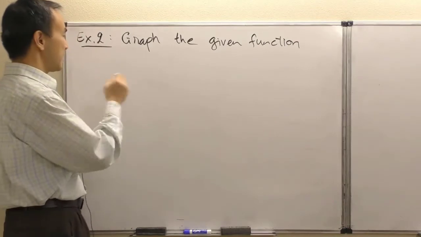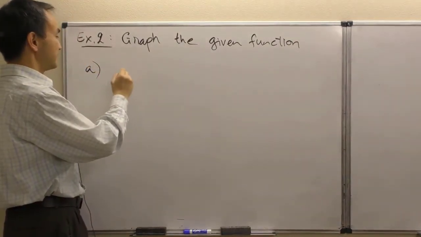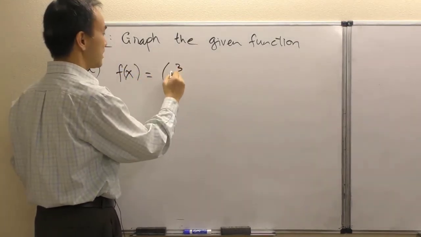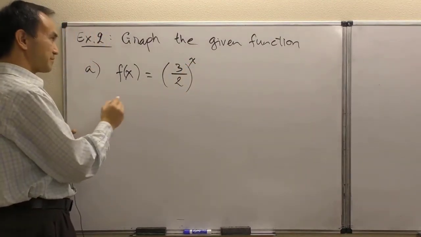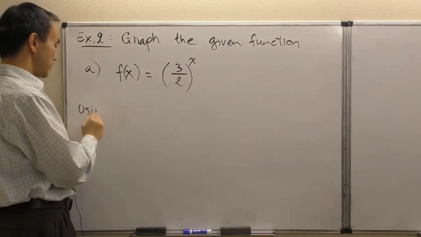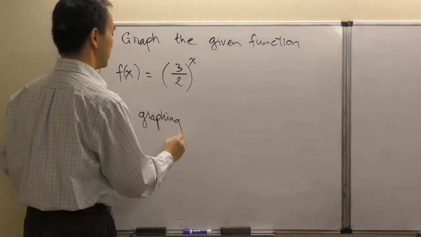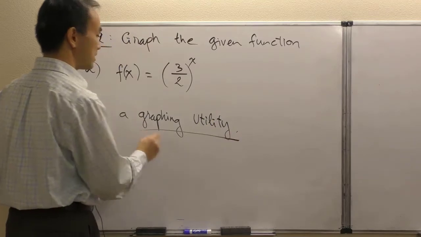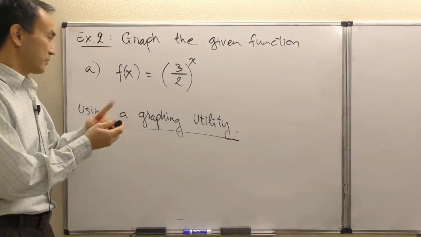Let's look at part A. Our function f of x equals (3/2)^x. We want to graph that given function using a graphing utility, some kind of technology. This is part A.